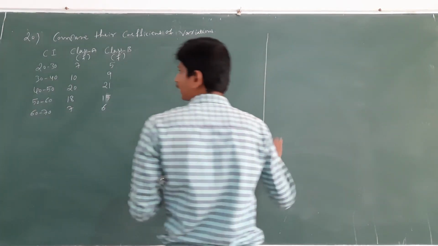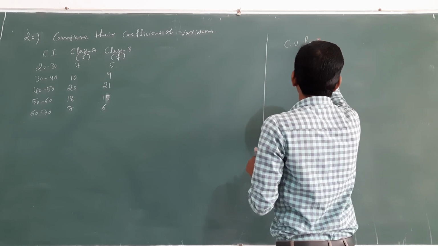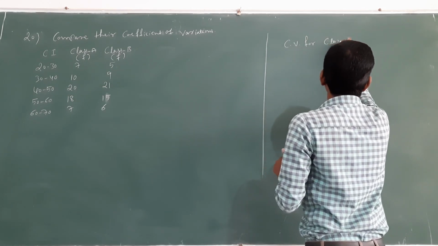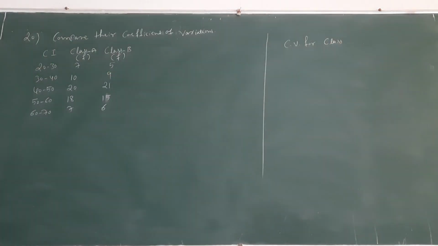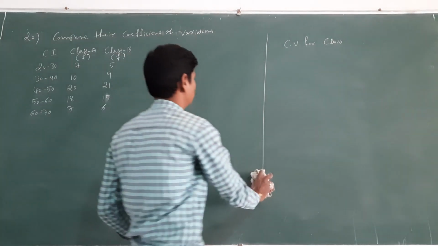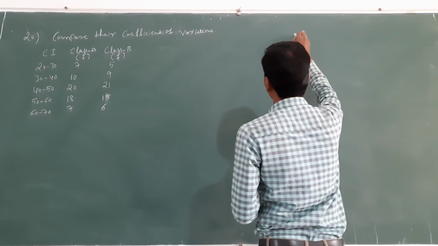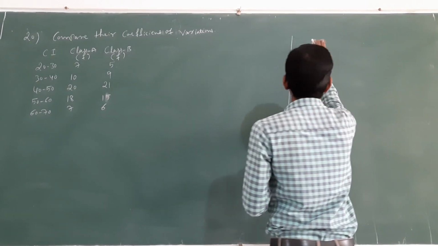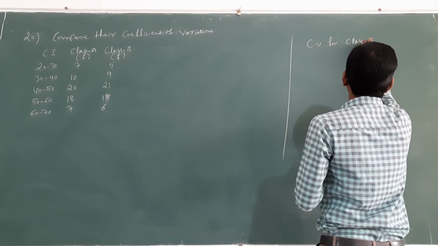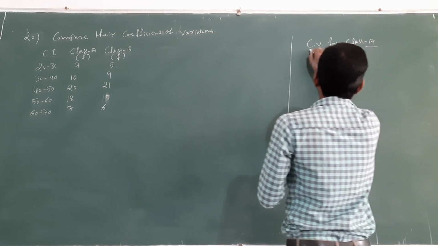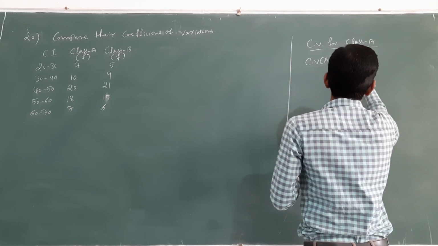Here first we have to find the coefficient of variation for class A. CV for class A, that is CV for A equal to sigma by x bar into 100.